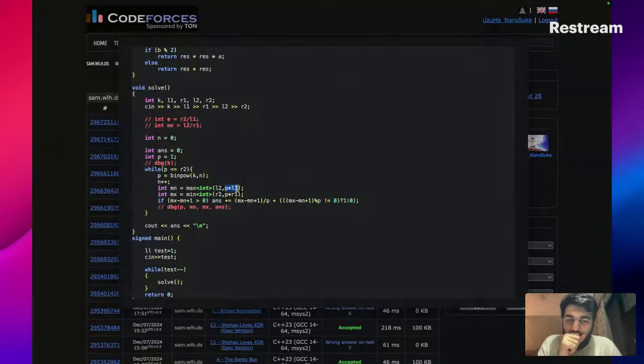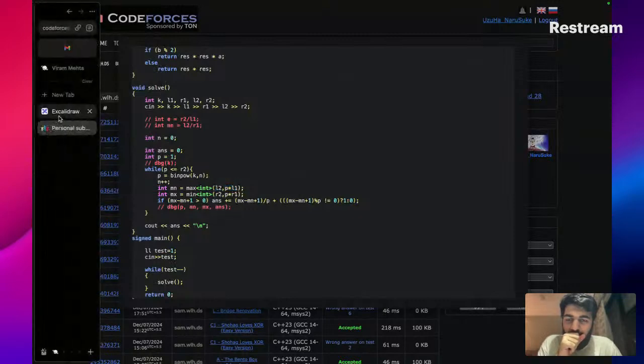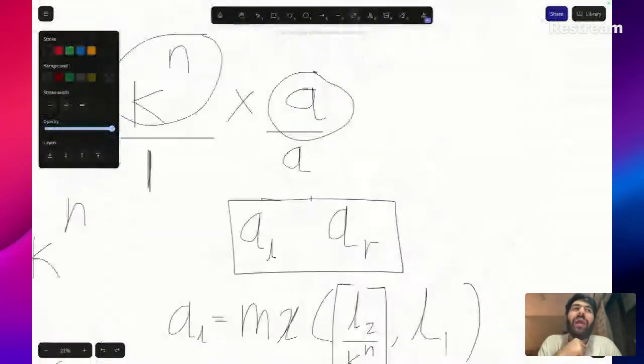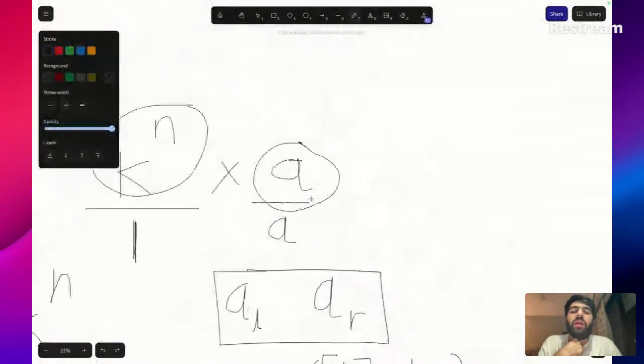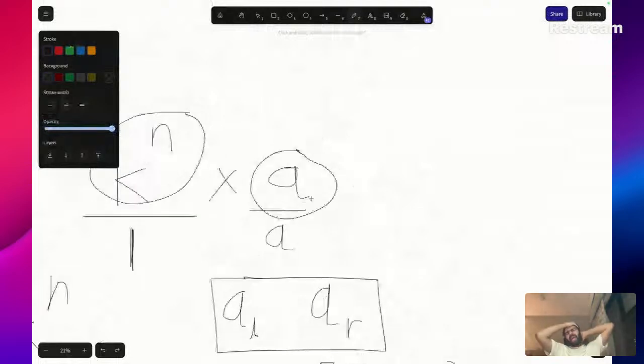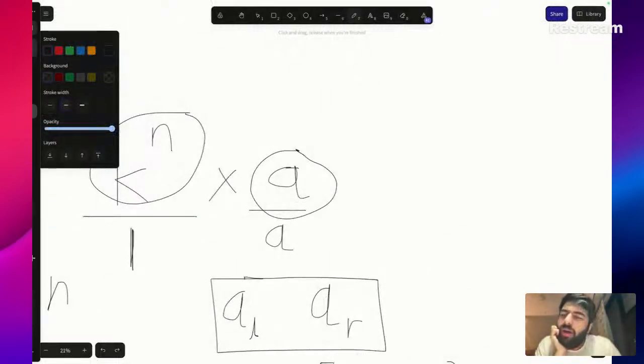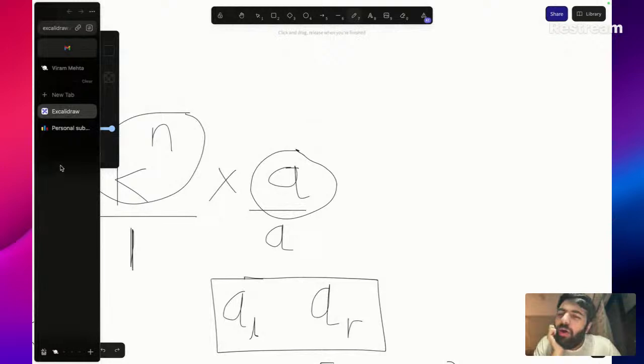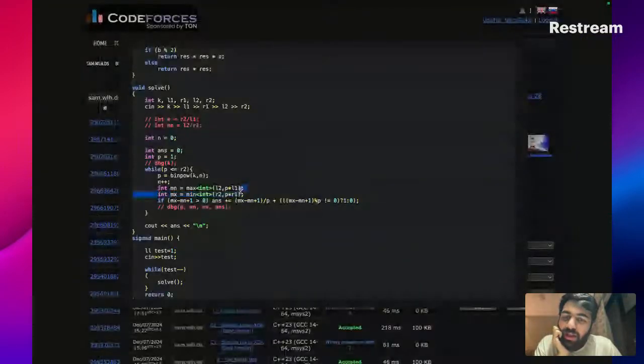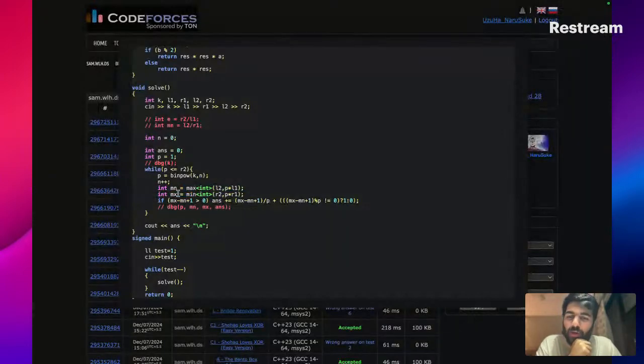L2, P into L1. Your P can go quite high. Your P is max capped at 1e9, right? This makes sense. And what are you doing? L1, max of L2 comma P into L1.